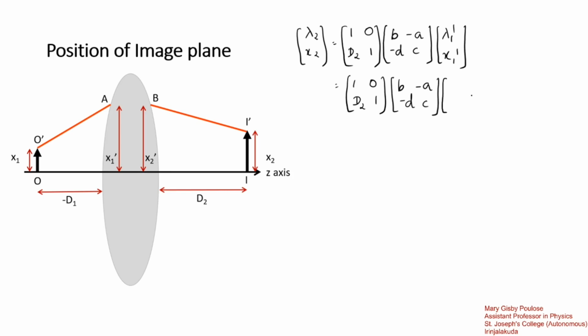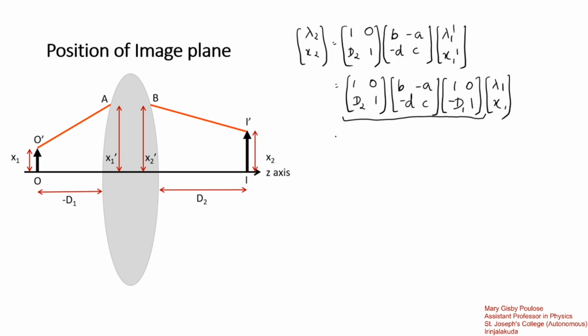Substituting using the first equation for lambda 1 prime x1 prime, I can write 1, 0, minus d1, 1 into lambda 1 x1. Now the product of these three terms can be used to represent an image plane.